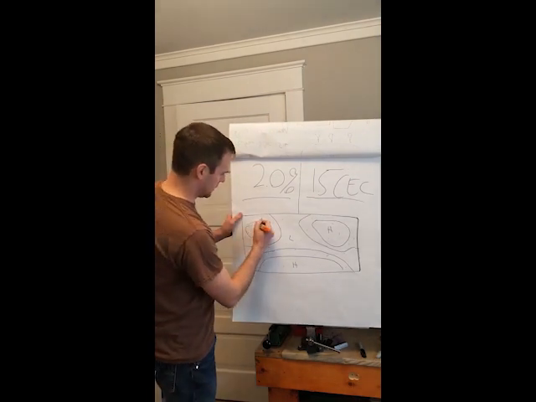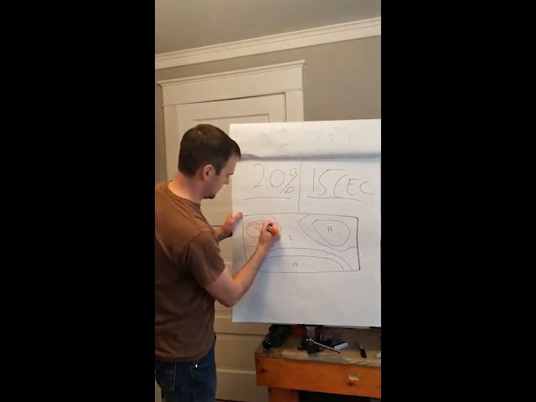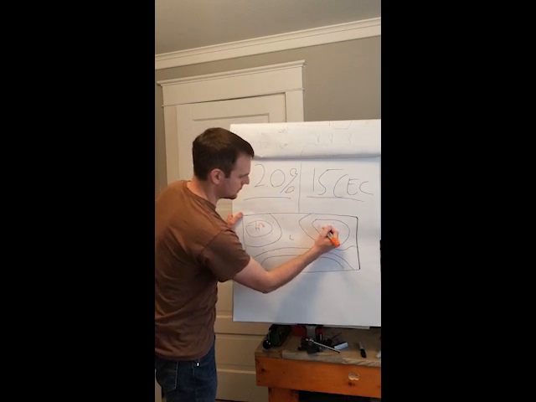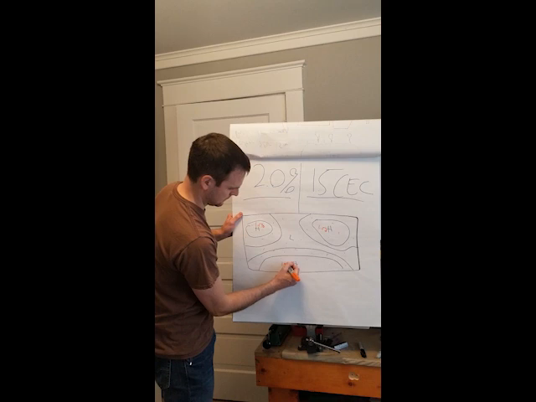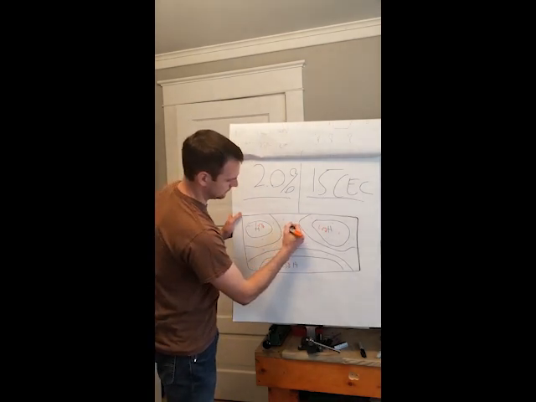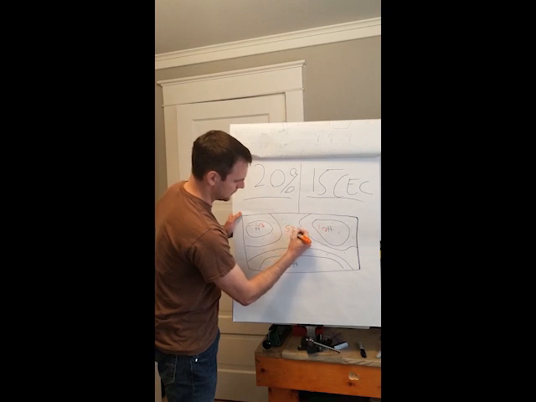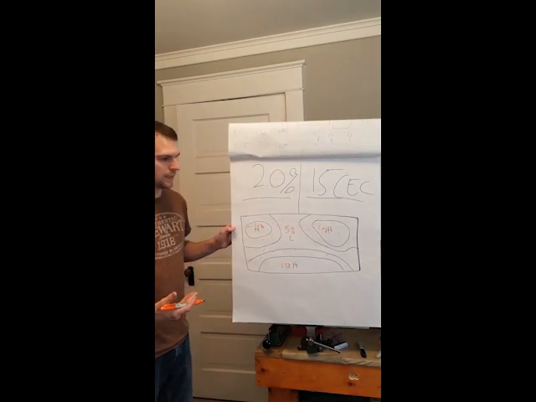And let's say we come up with our high spots are averaging 1.5% organic matter, and our low spot, let's say we're at 5% organic matter.